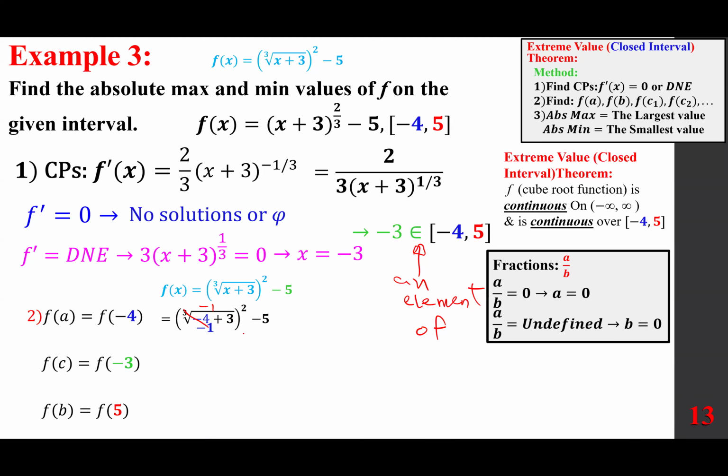When you square it, you get positive 1. Minus 5 is negative 4. If I plug in negative 3, I hope you see that x plus 3 becomes 0, doesn't matter, cube root, square it. So this becomes 0, the answer is negative 5.